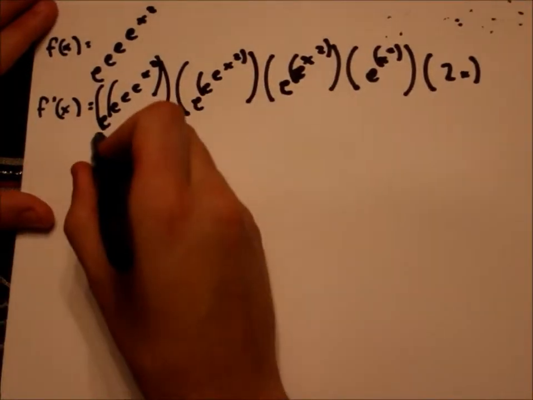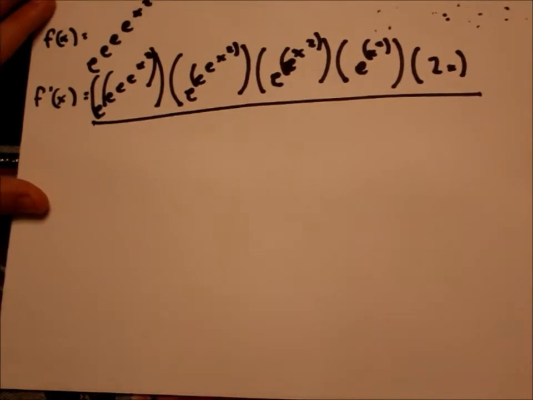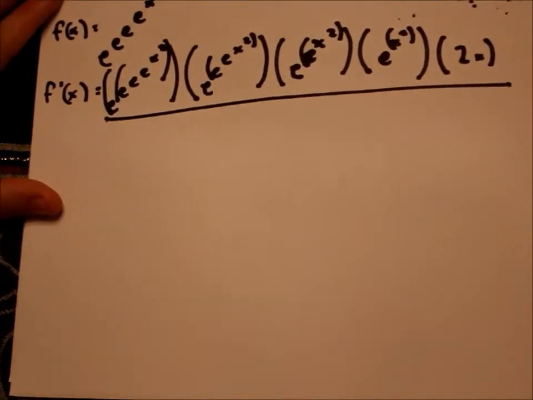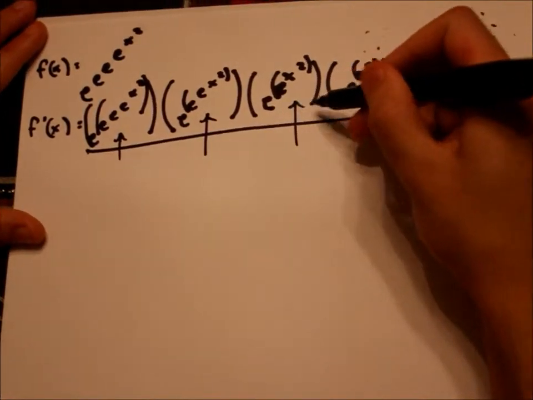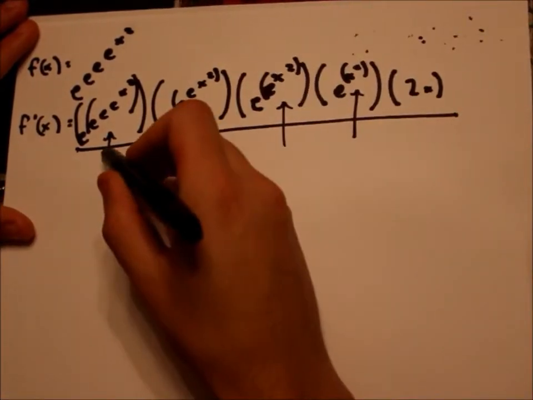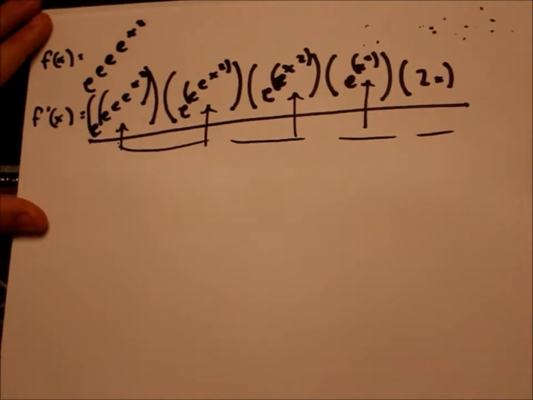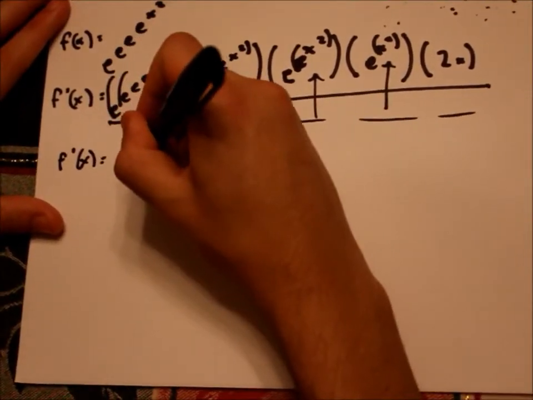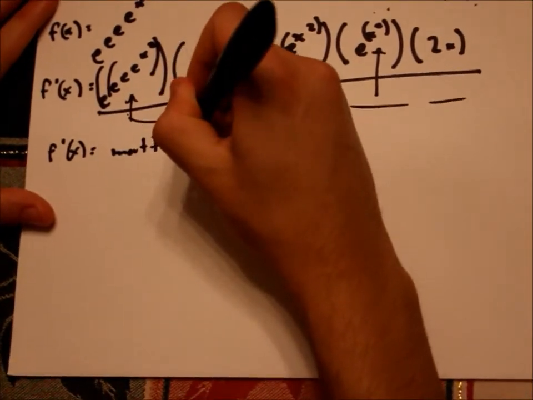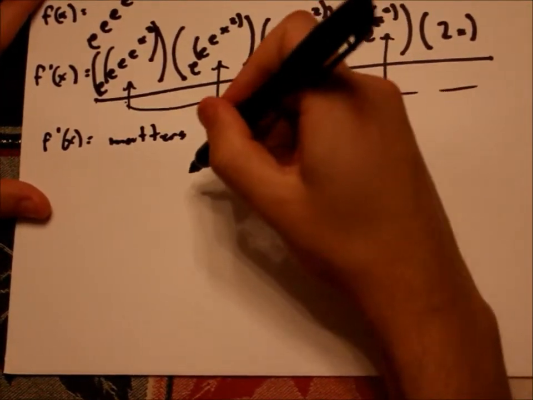Yeah, that's your answer. Tedious, but chain rule. Each thing is important. They all matter in life. F of x matters.